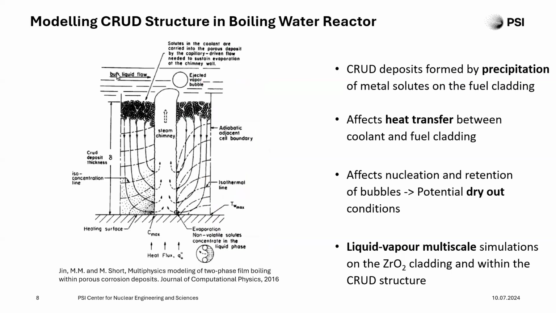So what we're trying to simulate here is shown in the following schematic. We've got the porous walls on each side, and a steam chimney in the middle. We're trying to simulate the water entering the porous structure, creating the boiling and the bubbles that leave through the chimney.